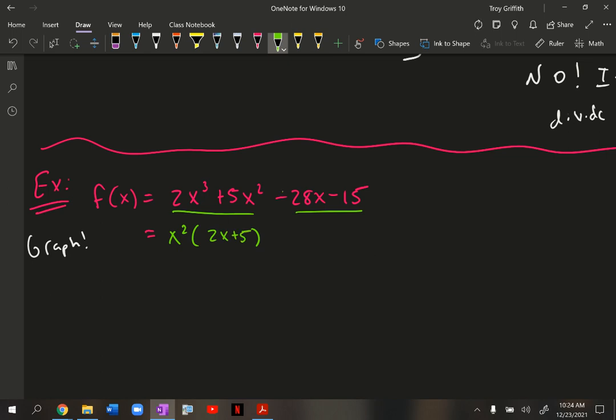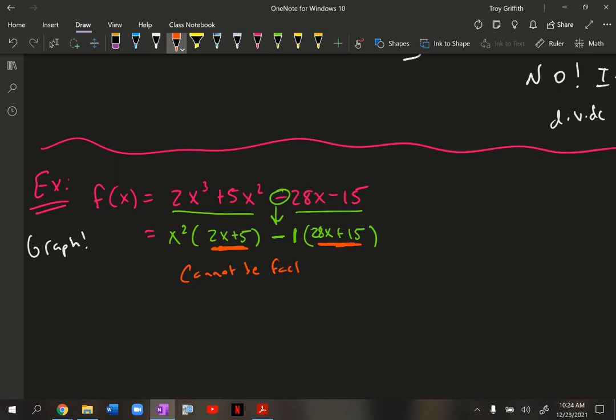And then if I look at these next 2 terms, I should begin by taking out a negative. But between a 28 and a 15, there's nothing in common, so I could take out a 1. So I'm really taking out a negative 1. And if I flip the signs, this gives me 28x plus 15. Now, using correct mathematical sense here, we should say, hey, this cannot be factored by grouping.